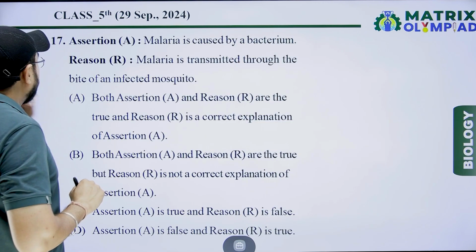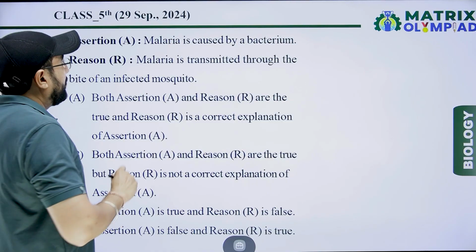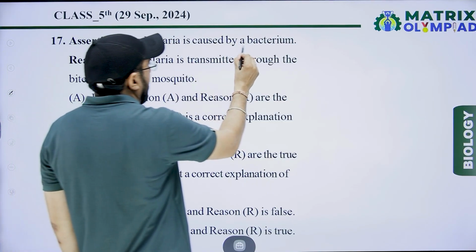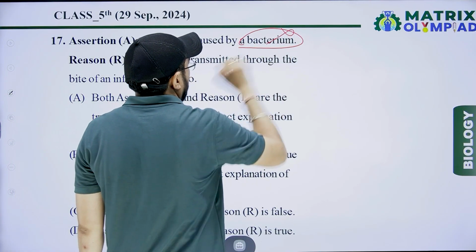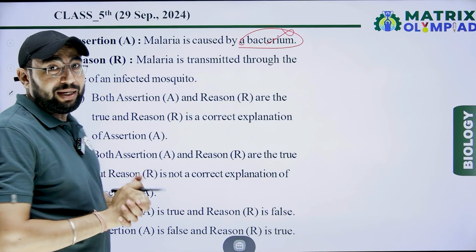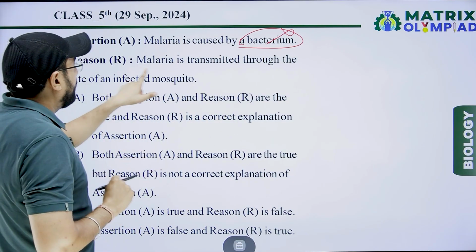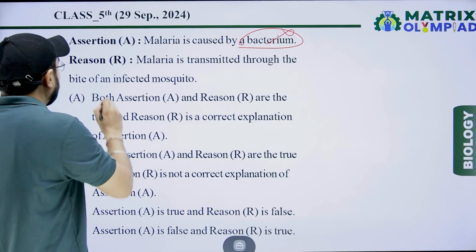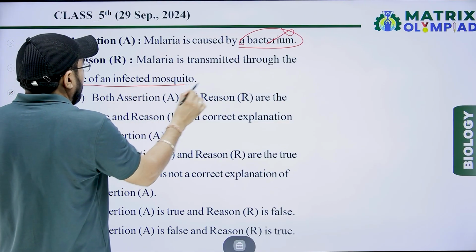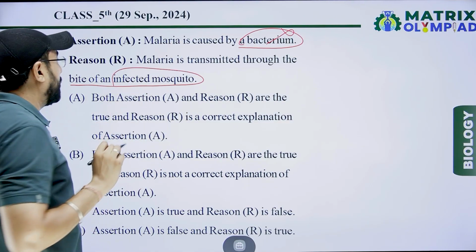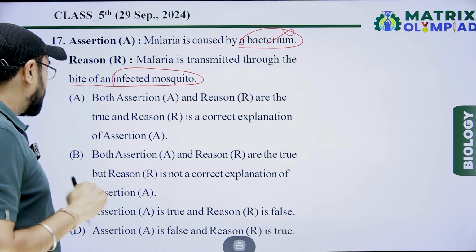Next question is assertion A: malaria is caused by a bacterium? No. It's caused by a protozoa. Next, reason R: malaria is transmitted through the bite of an infected mosquito. That is right.